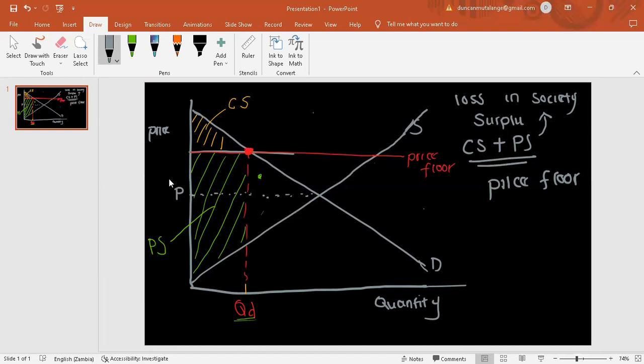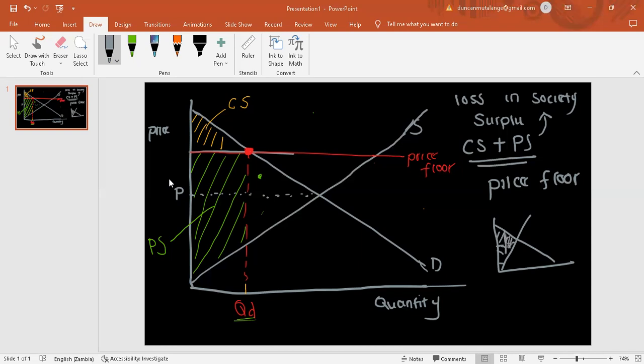So you can see as compared to our original one before this price floor, this was our consumer surplus. Our producer surplus was this whole area here. Our consumer was here, and our producer was here. So you can see from here that we don't have this area being shaded. Here, this whole area was being shaded.